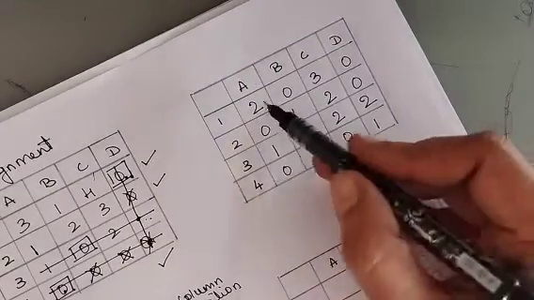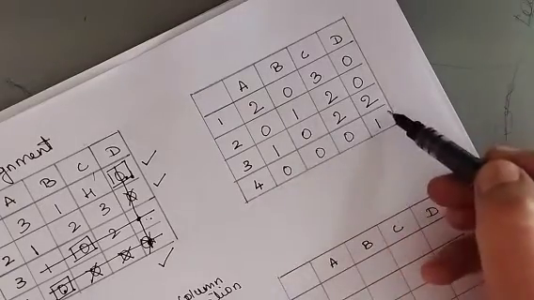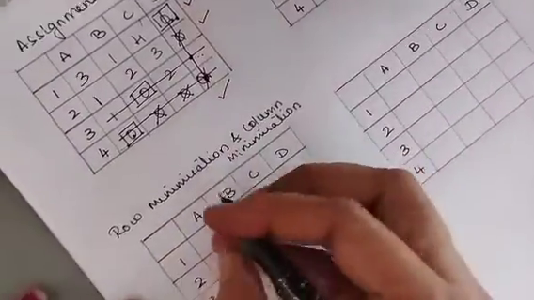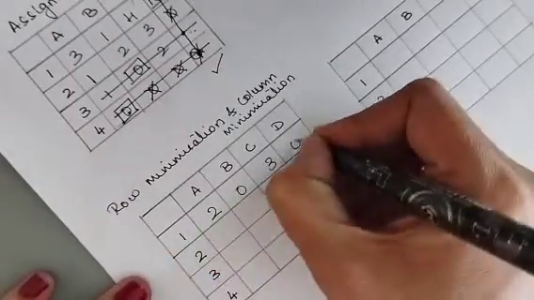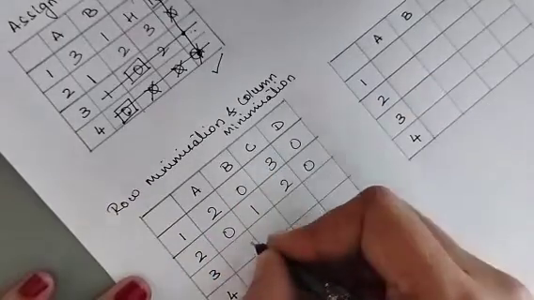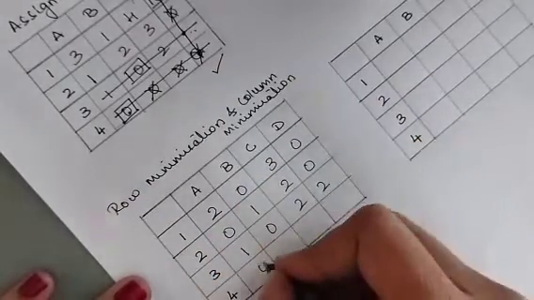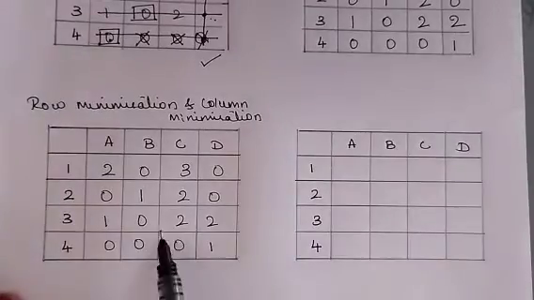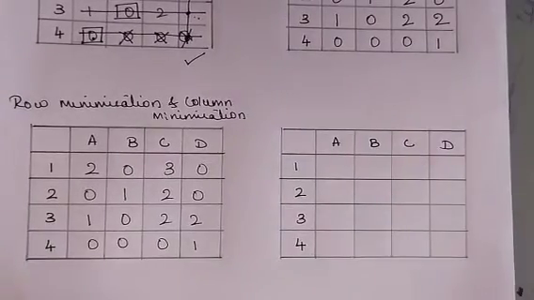In the same way, column wise also we have 0 in each column, hence there will be no change column wise. So we shall write down the same matrix: 2 0 3 0, 0 1 2 0, 1 0 2 2, 0 0 0 1. So after row minimization and column minimization we are getting the same matrix.